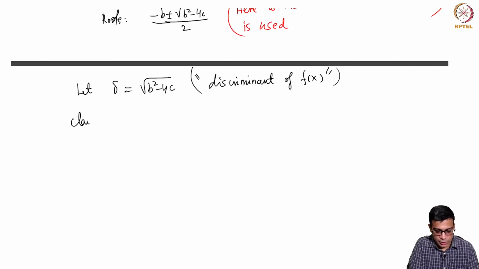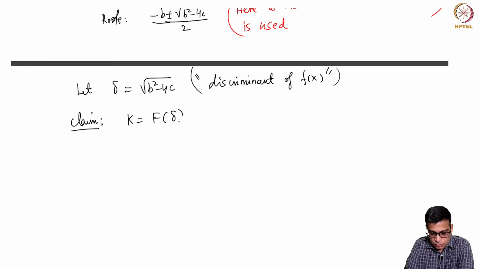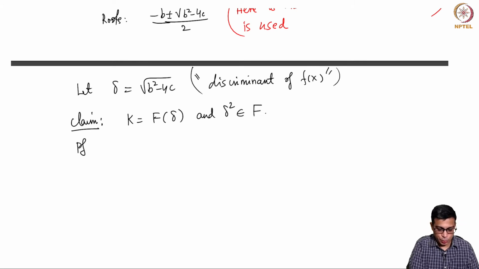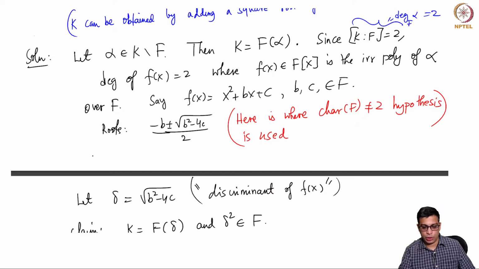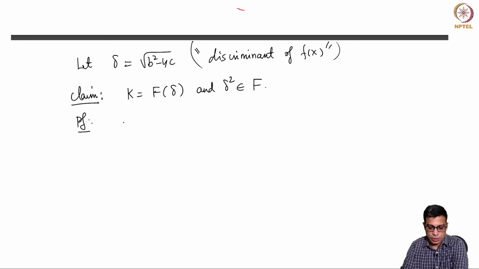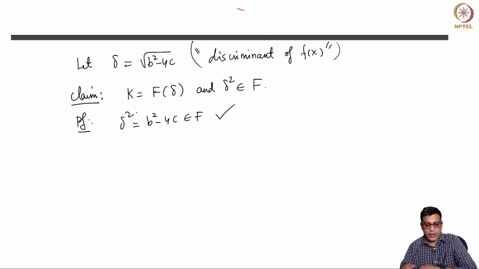I claim that K is F(delta), and delta square is in F. So this proves the part about K being generated by a square root of an element in F. So clearly delta square, b square minus 4c, is in F. So this is okay. But why is K equal to F(delta)?